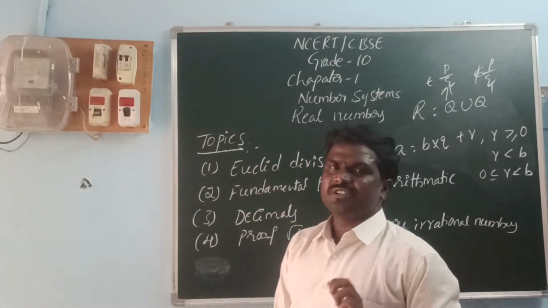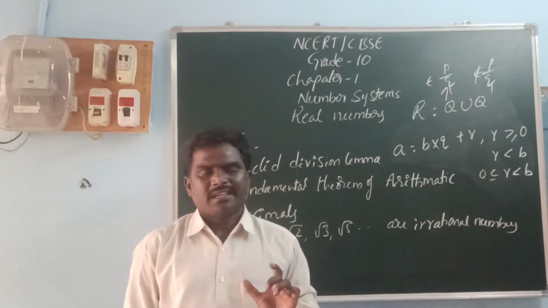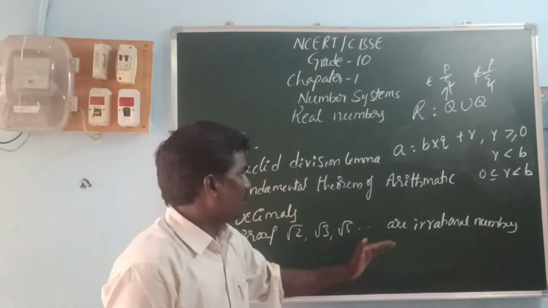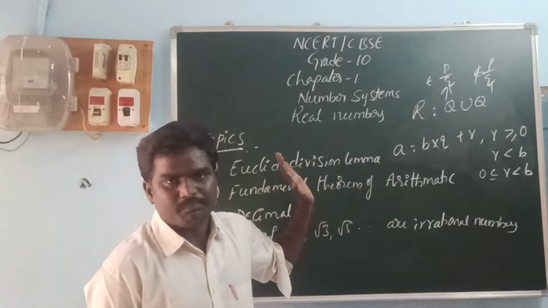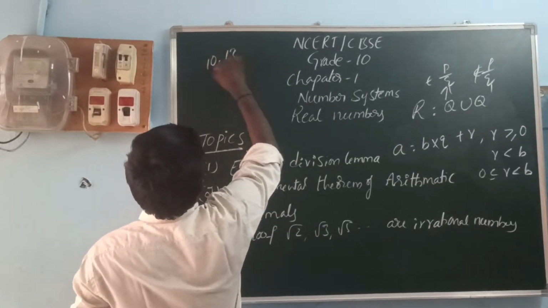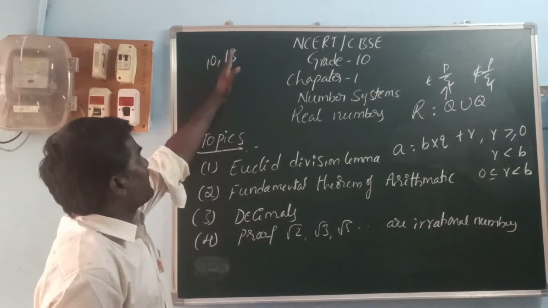This Euclid division lemma we can use to find HCF. HCF means highest common factor. For example, find the HCF of 10 and 13.